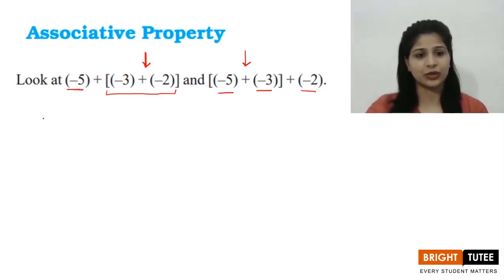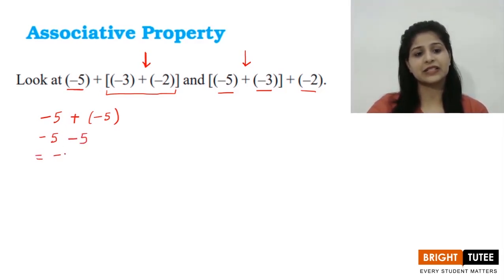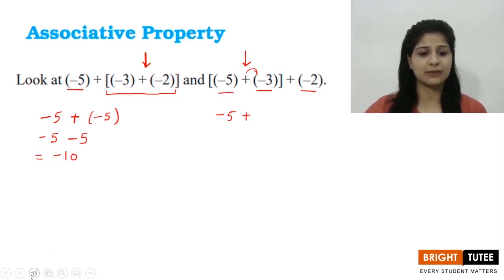Let's try it out. Minus 5 plus minus 3 and minus 2. We know minus 3 and minus 2 will become how much? Minus 5. Yes, minus 3 and minus 2 is minus 5. So minus 5 plus minus 5 gives us minus 10. Here, if you solve, minus 5 plus minus is minus, so we will mention minus only.